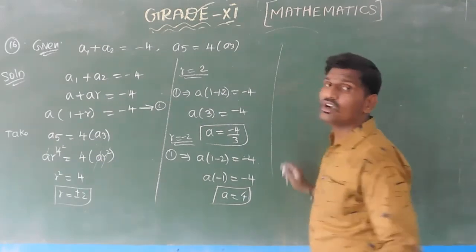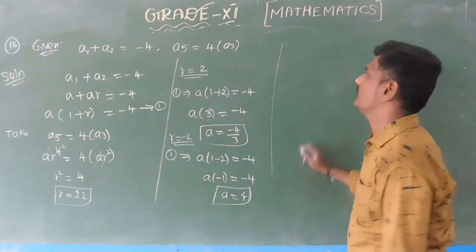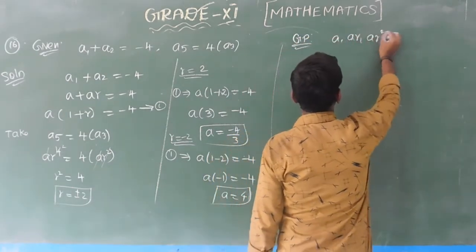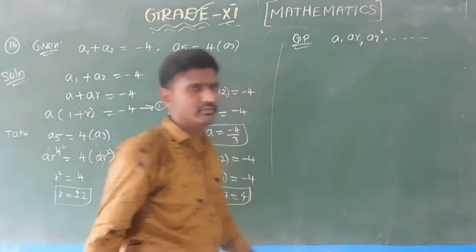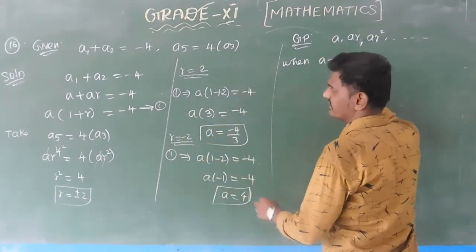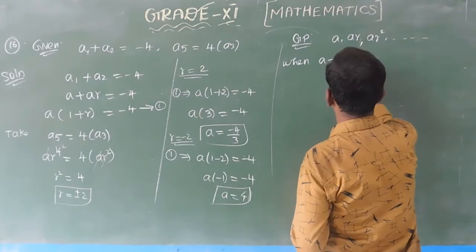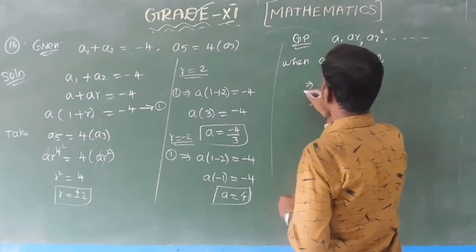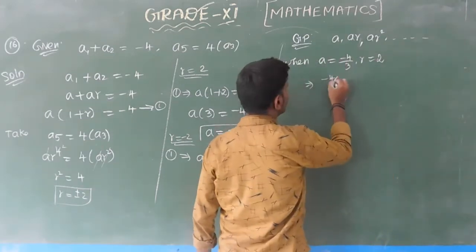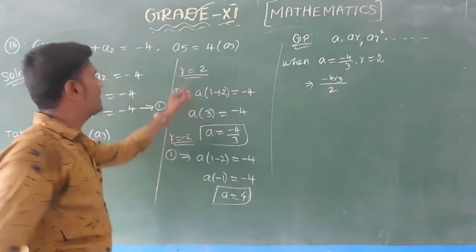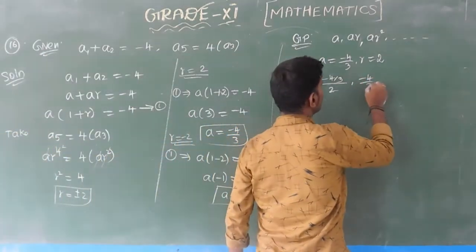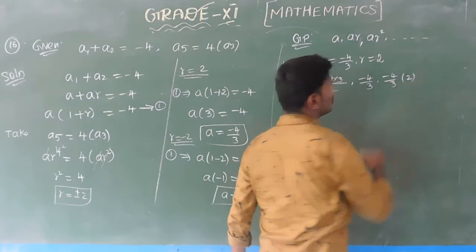What is the given question? Find a GP. So what will be your GP? a by r, a, ar, and so on. Now I am taking a equal to minus 4 by 3 and r equal to 2, and substituting in the above GP. a by r is minus 4 by 3 by 2, comma a means minus 4 by 3, comma minus 4 by 3 into 2.